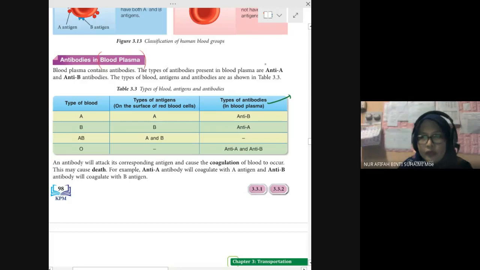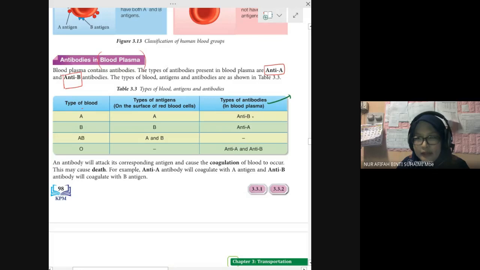We have two types of antibody, anti-A and anti-B. So this one also refers to the type of blood. Blood group A has anti-B, antibody B, not antigen.